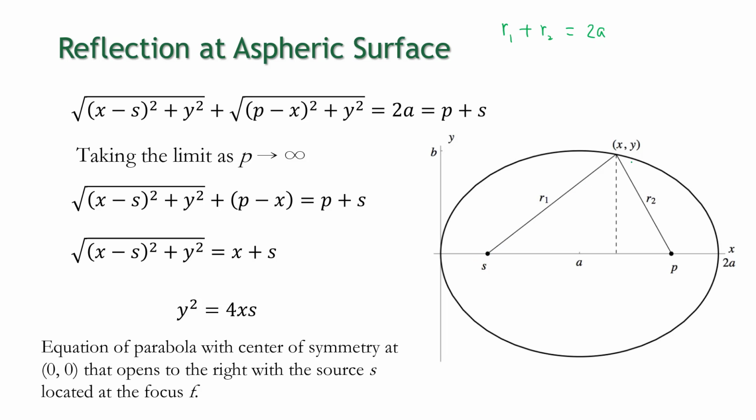So this r1, if you consider this right triangle, this distance from here to here is x. So this x is the x coordinate. And this is the middle point. From this point to the middle point is the semi major axis.